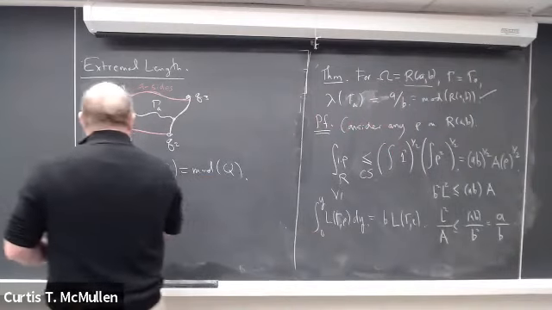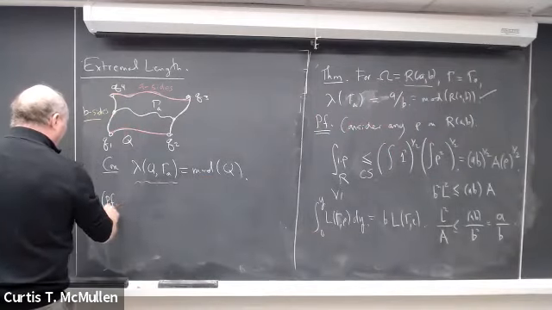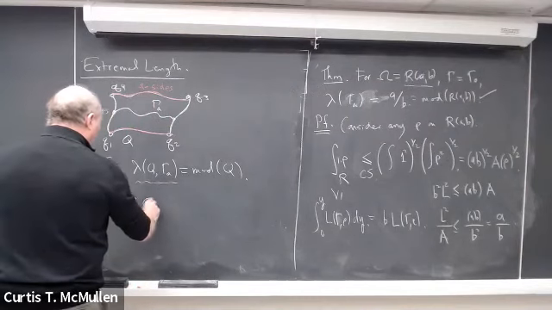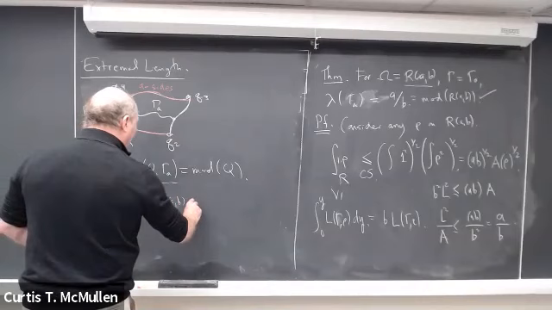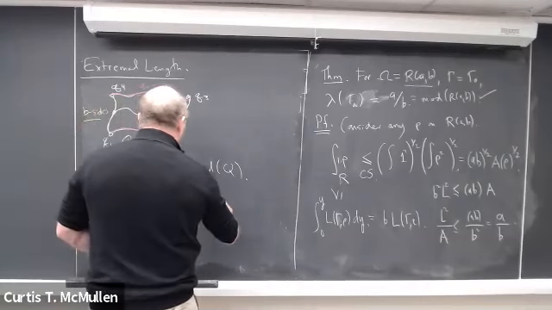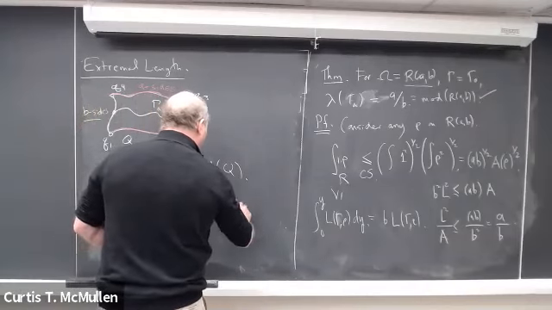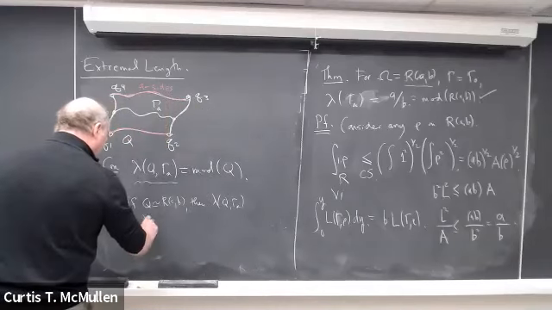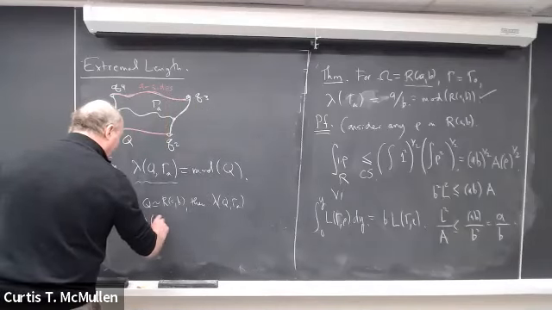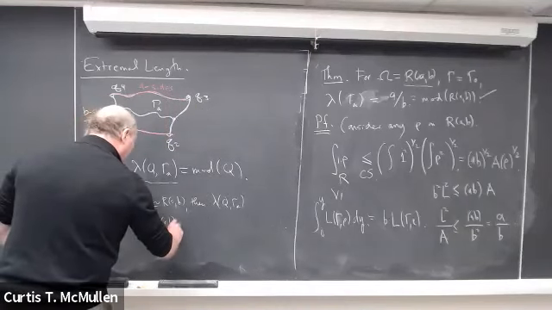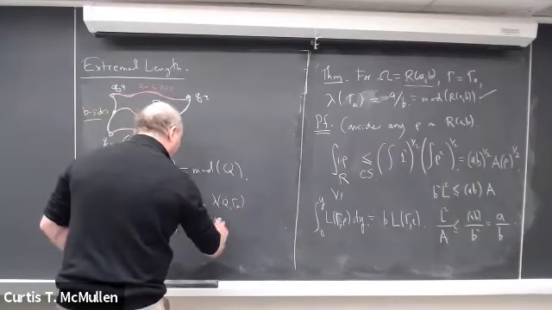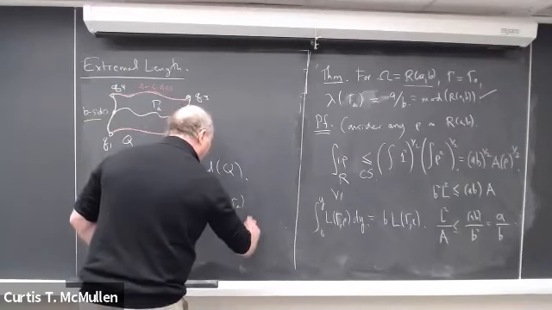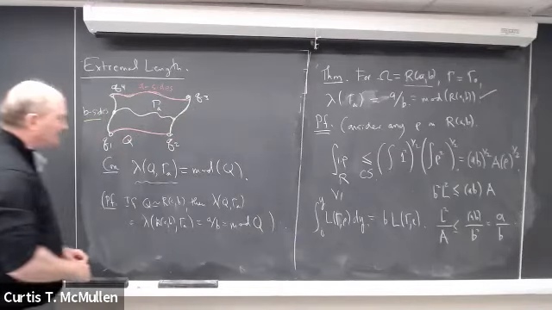So the proof is just that if Q is isomorphic to RAB, which it is for some a and b, then the extremal length in Q of gamma A is the same as the extremal length in RAB of gamma A, which we just computed to be a over b, and that by definition is the modulus of Q.